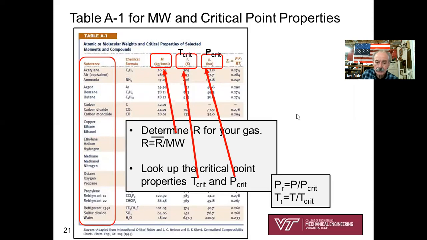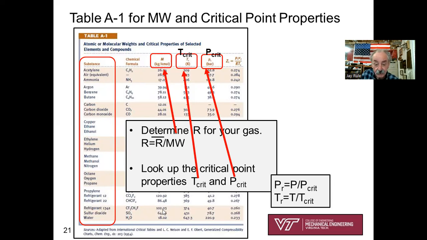Okay, so let's see. How are you going to get R? You're going to go to table A1. You've got your substance. If you cannot remember the molecular weight, there are a few things you should know by heart, but if it's refrigerant R134A, you will not have memorized that the molecular weight is 102.